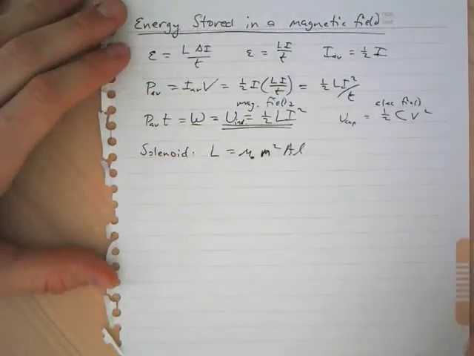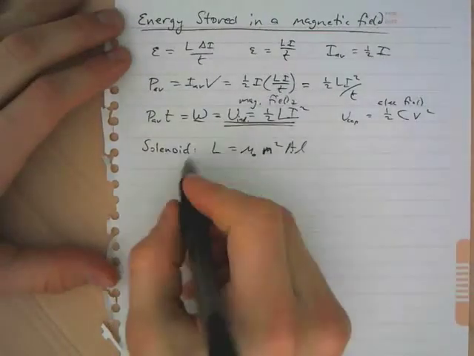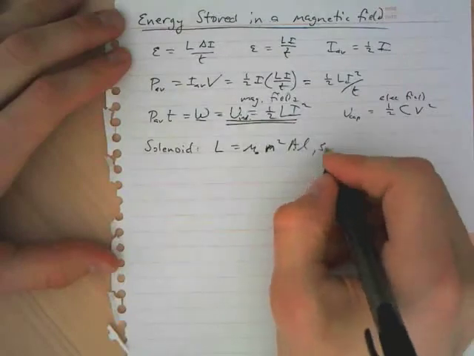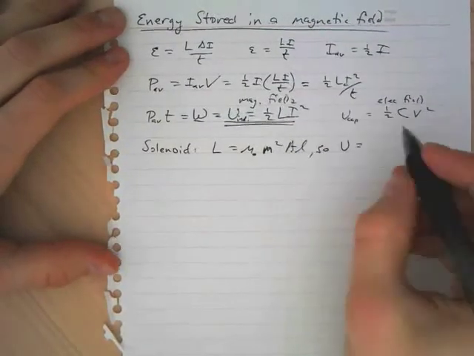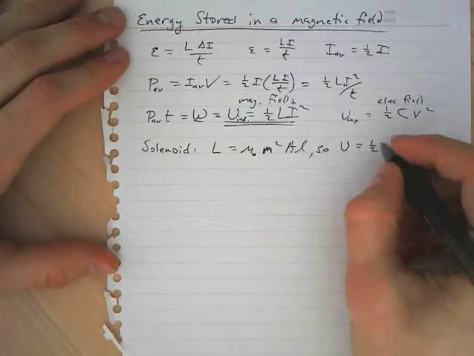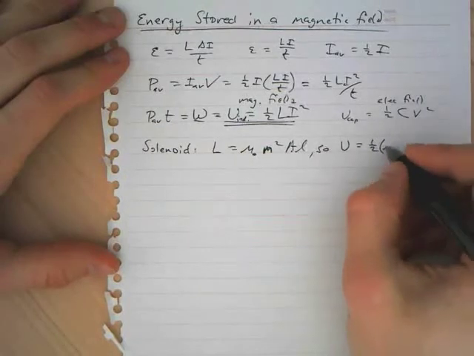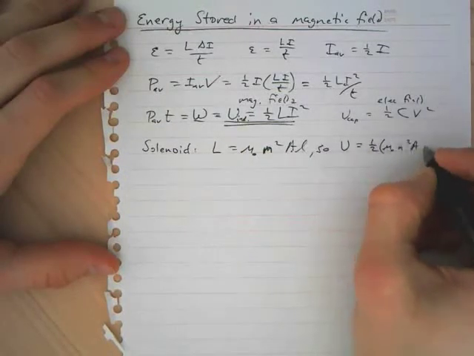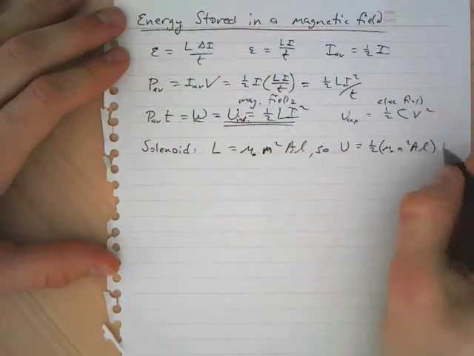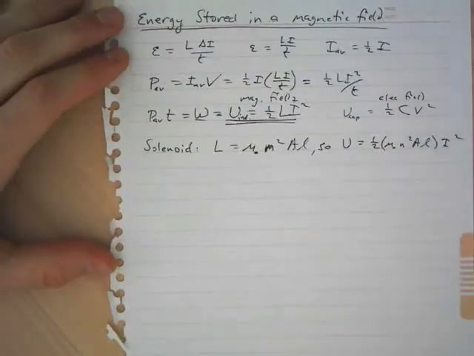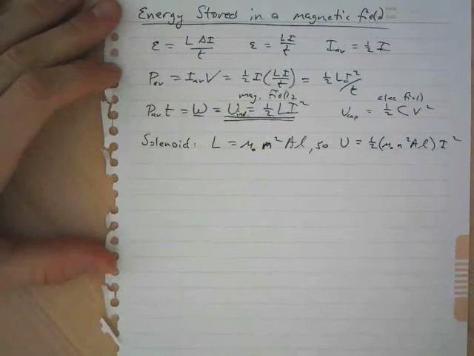Okay? So, if we plug that in, the energy becomes 1/2 times mu naught n squared A l times I squared.